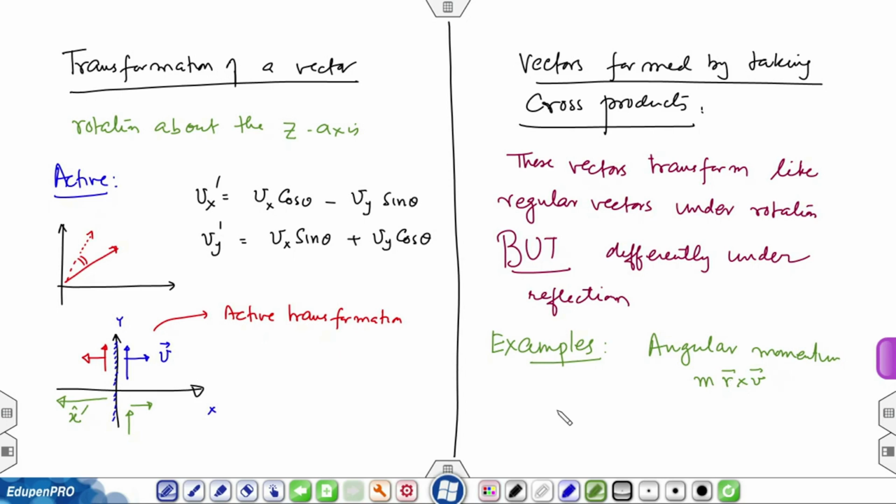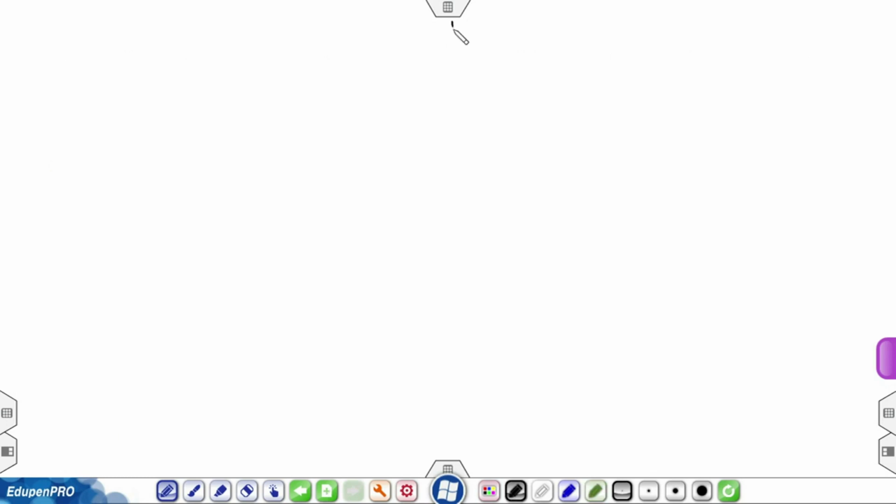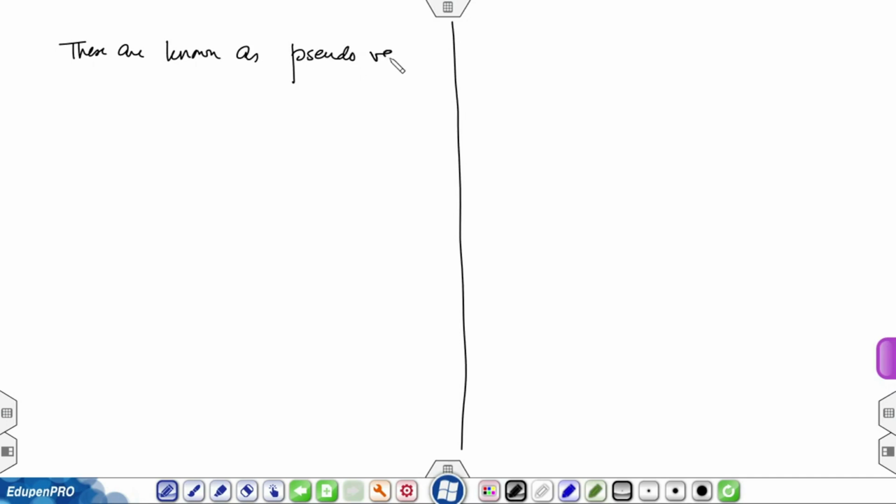You can say, for example, magnetic field, which is proportional to j cross r minus r prime, j being proportional to v, the velocity, it is like a regular vector, right. So, these are vectors which have different properties under reflection. You can see that very easily, and I'll just build that up now. So, let us examine these. These are known as pseudo-vectors. Let us see how these properties differ.